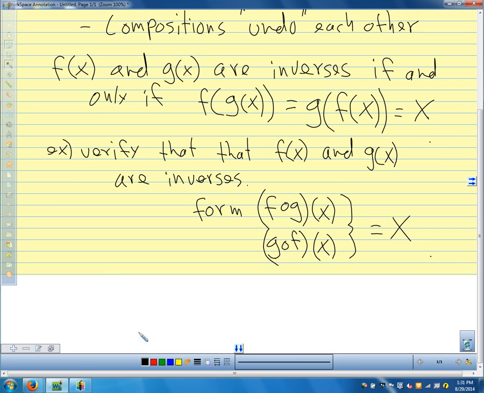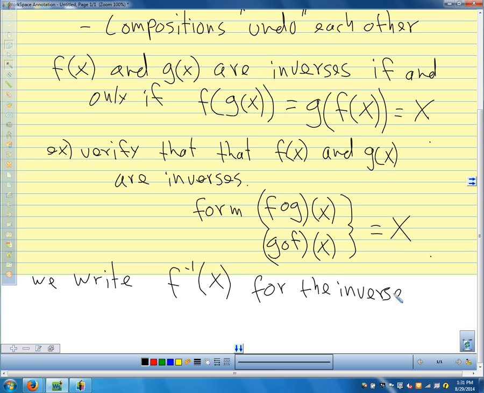And the way we write inverse, we write f minus 1 of x. So we say this is the inverse of f, or f inverse.